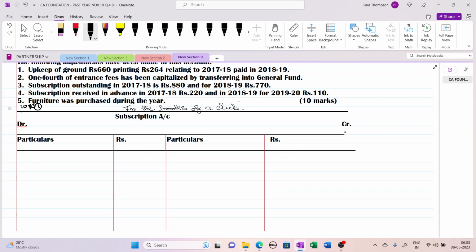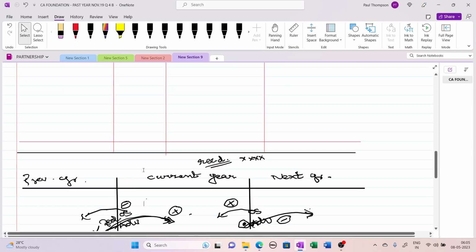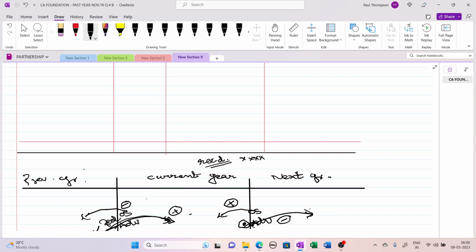But they have given us some adjustments. Subscription outstanding in 1718 is 880. Let us take it in this diagram itself: this is the year 1718, current year is 1819, and the subsequent year is 1920.